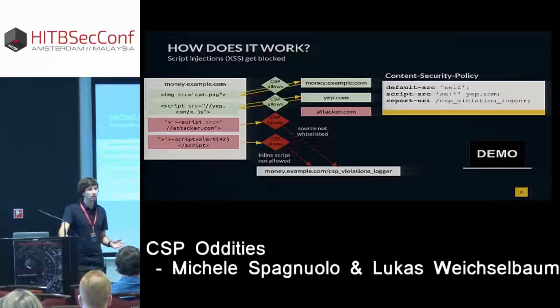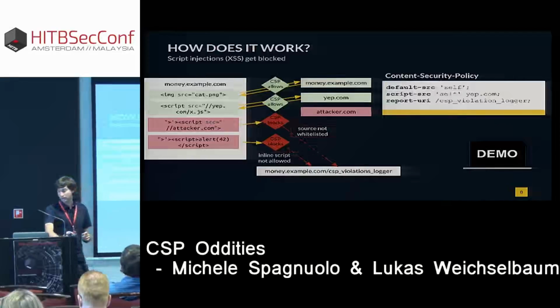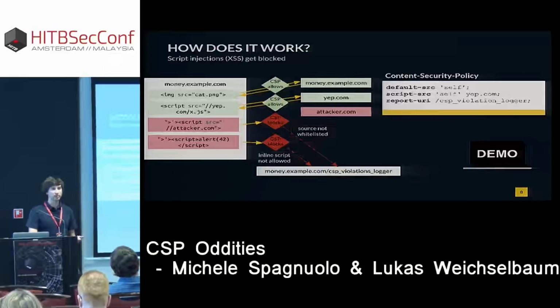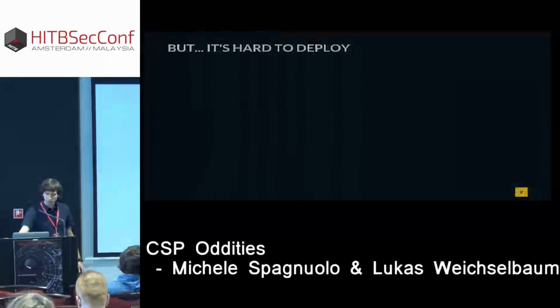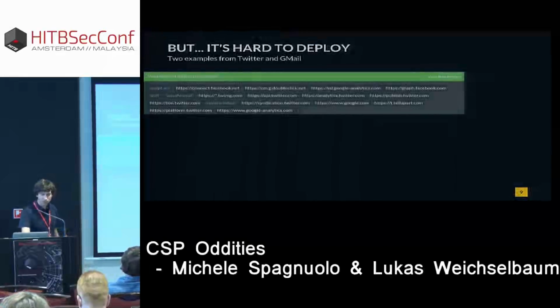We actually crawled millions of sites, and the vast majority is useless. I think this is mostly because people either don't understand CSP or they don't manage to refactor the page in a way that it could be used with CSP, so they still use unsafe-inline or whatever. So yeah, it's hard to deploy.